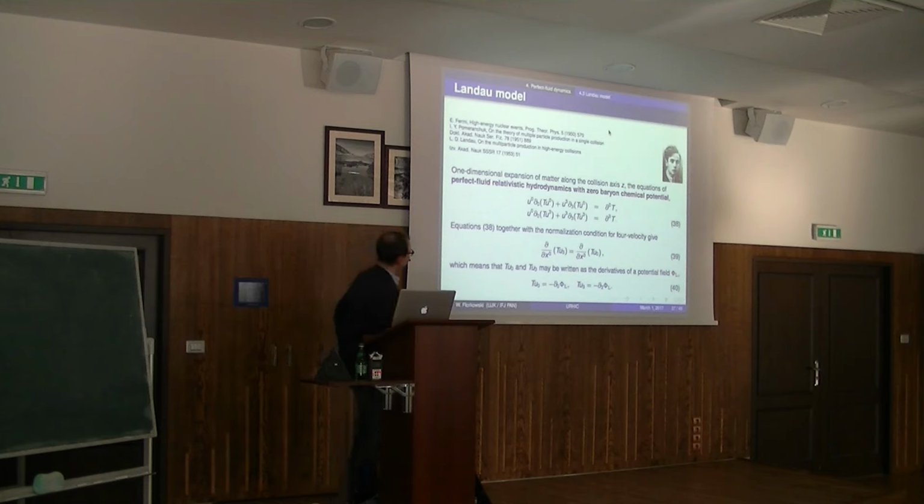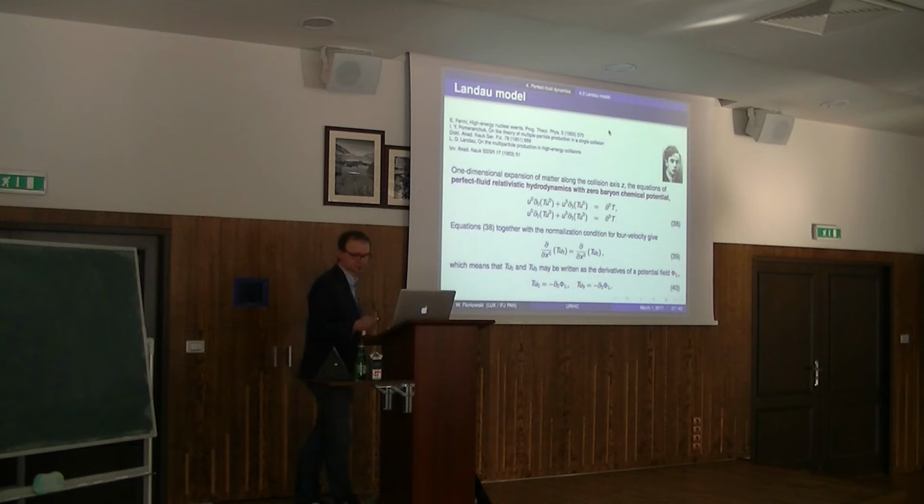So there are two equations for one-dimensional evolution for the temperature and the longitudinal flow, like T and U3. When you study these equations, you get the condition that the product of T times the stream velocity should be a gradient.